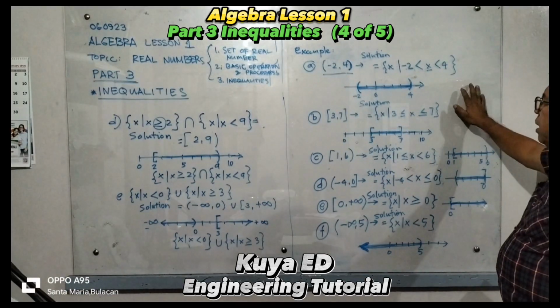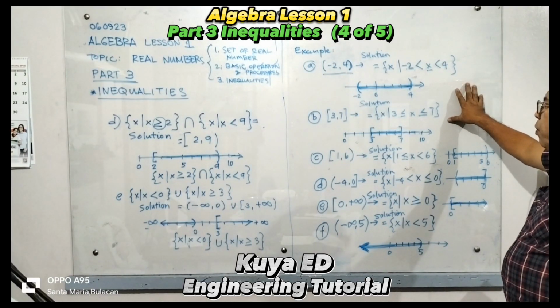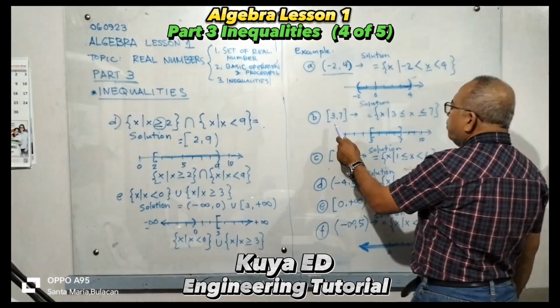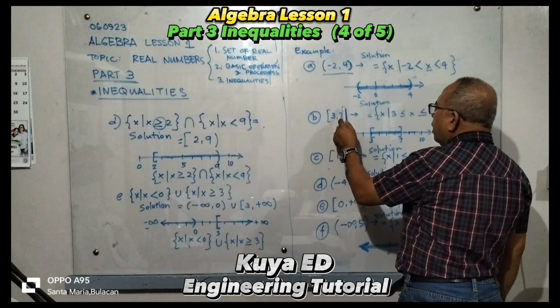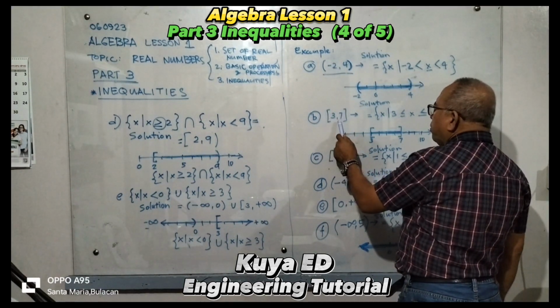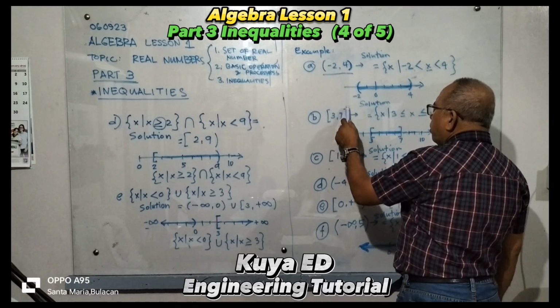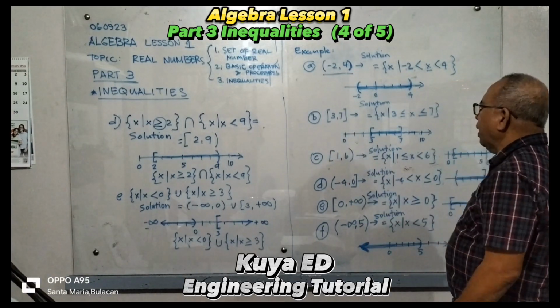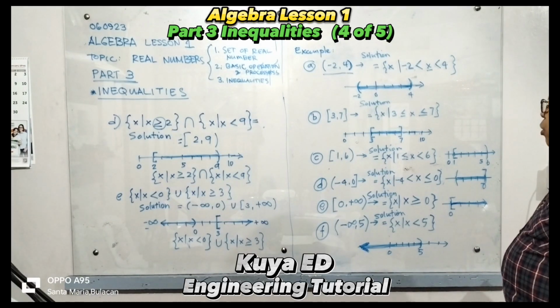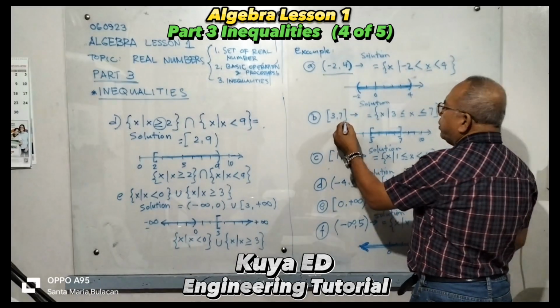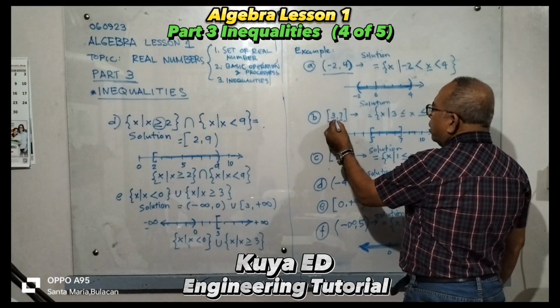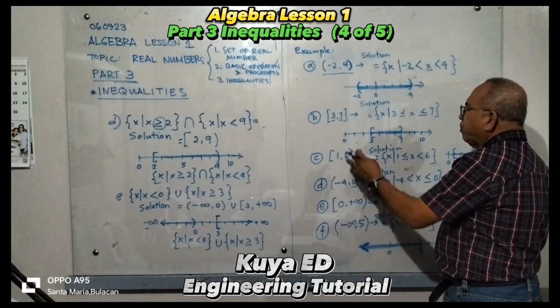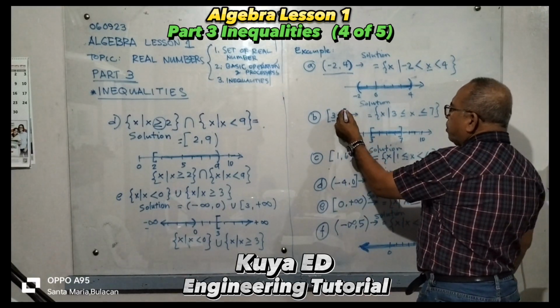Okay, how about in the other example? What if positive 3 with a bracket here and 7 positive as well with a bracket here? Okay. Now, take note that we are using the two terms, 3 and 7, and they are in a bracket form.